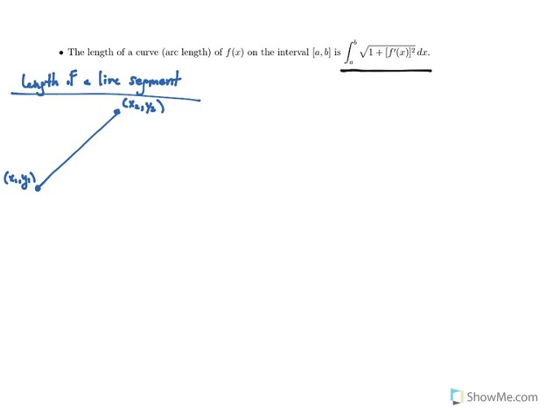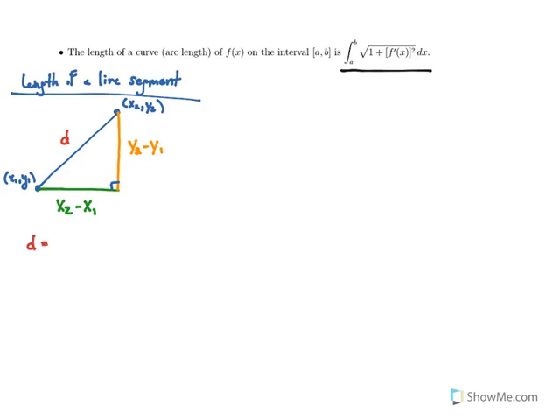To find the length of that segment, we can look at a triangle here, a right triangle, where the length of the bottom of that triangle is going to be x2 minus x1, and the height of that triangle is going to be y2 minus y1. And if we are looking for the distance here, we'll call that d, or the length.